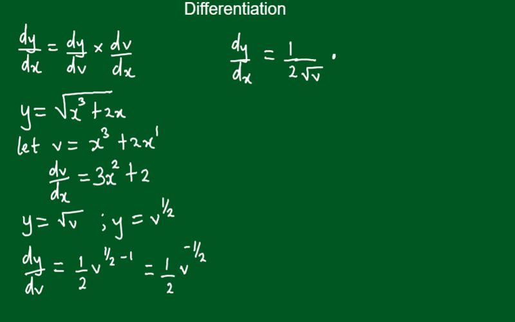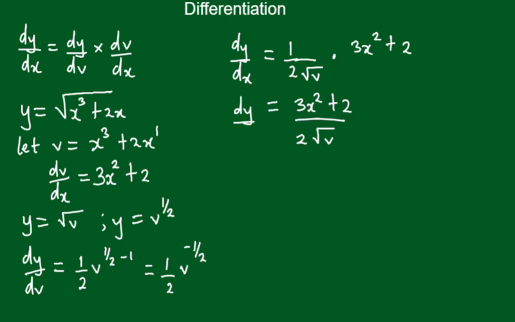This multiplied by dv dx, that's 3x squared plus 2. And we can simplify it further. You bring the 3x squared plus 2 to the top, and in the bottom we have 2 square root v.